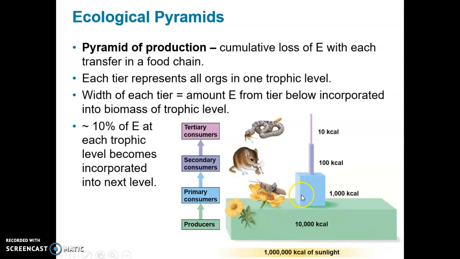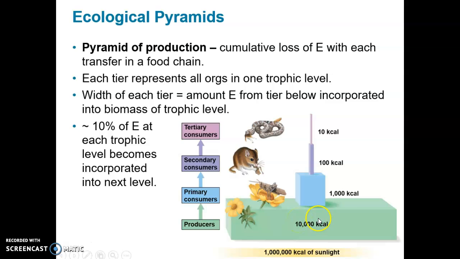There should be a fair number of primary consumers that take advantage of that material. There should be a substantially fewer number of secondary consumers that are going to take advantage of the primary consumers, and relatively few tertiary consumers that will take advantage of the secondary consumers.